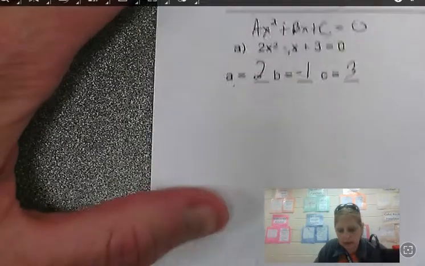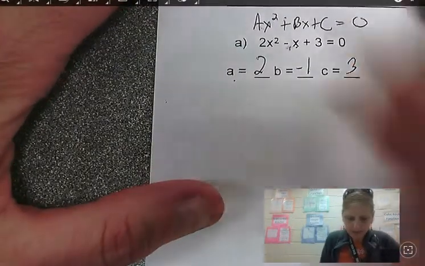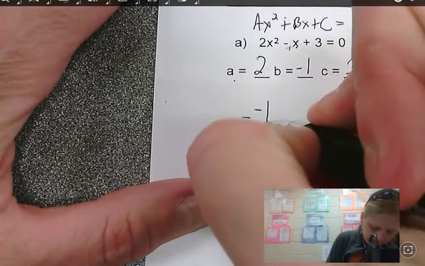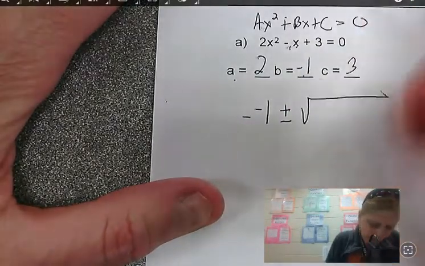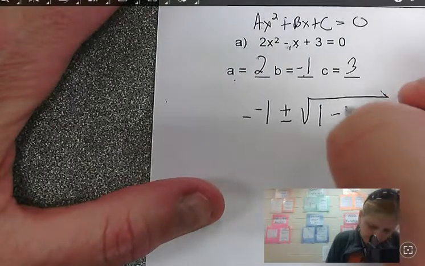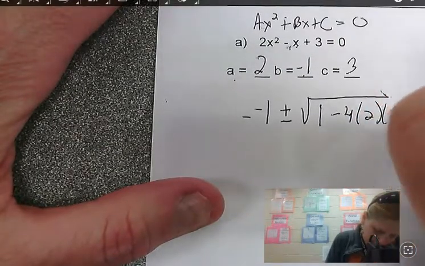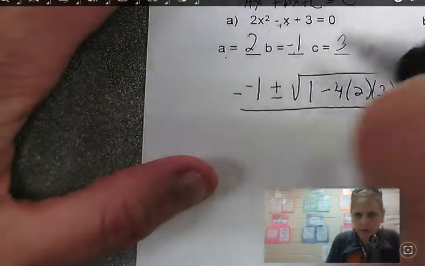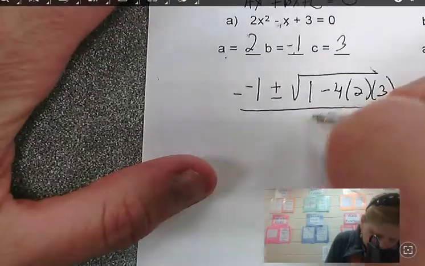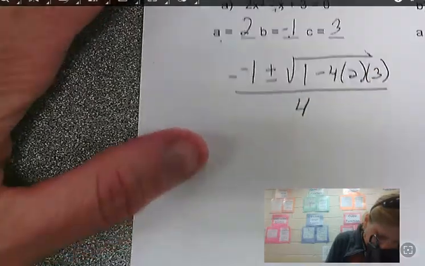So now we look at my formula. It's the opposite of negative 1 plus or minus, what is b squared minus 4 times a times c, all over 2 times a. What is 2 times a? 4.